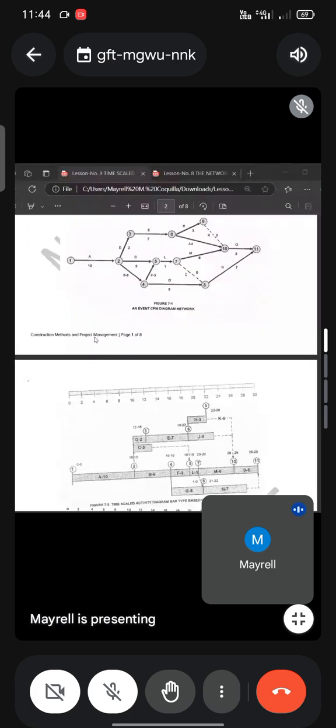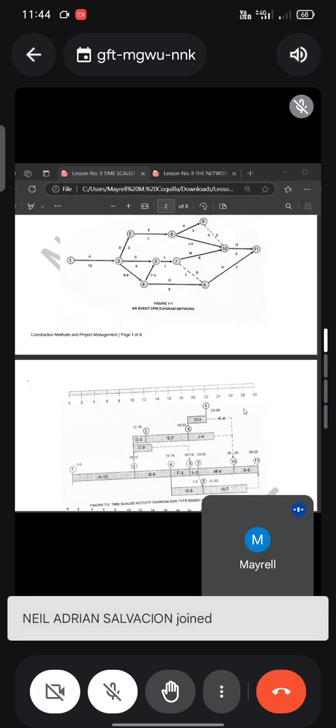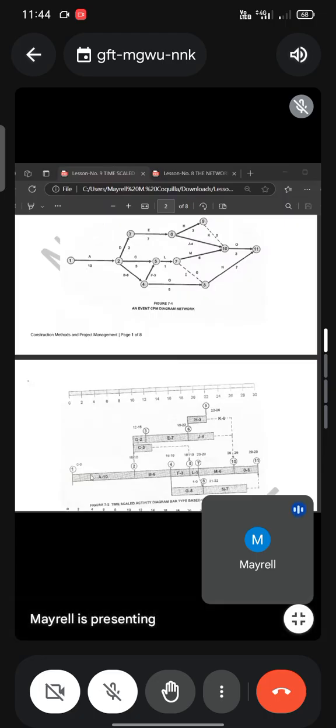So, you have the weeks or days, from 0 until the end. So, from node 1, you have here from 0, the activity A in the diagram has a duration of 10. So that goes until 10.